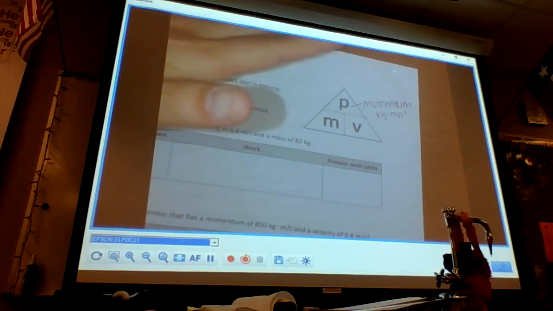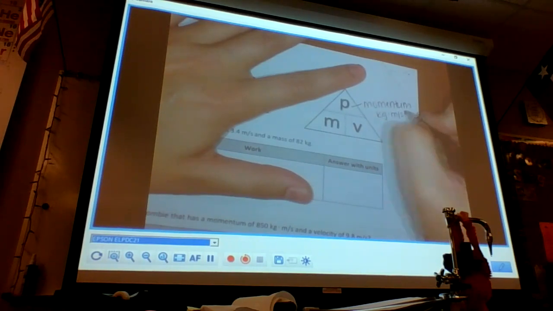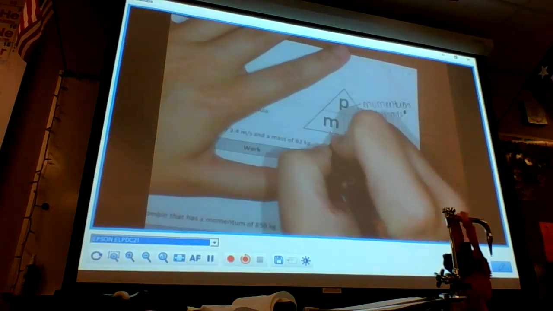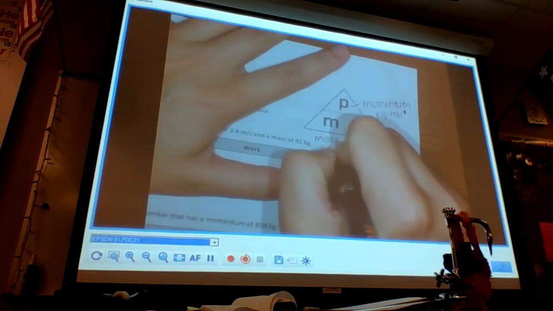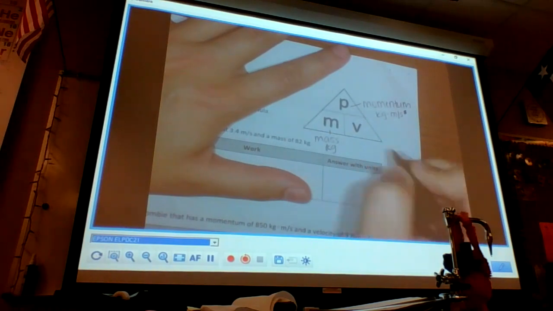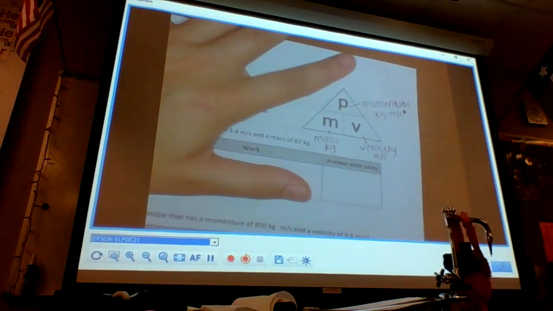Not squared, just meters per second. M, of course, stands for mass. And we know that that is kilograms. And V is velocity. And that's meters per second.